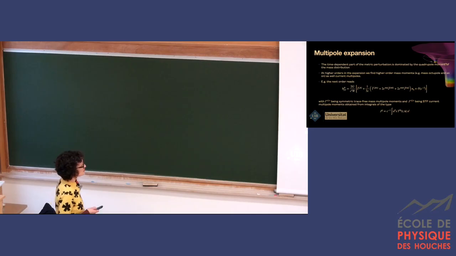Okay, so what we get, for instance, if we go to next order, we get other terms that are just higher mass moments, or different types of integral that are called current-type multipoles. And this is just a schematic expression of the next order.